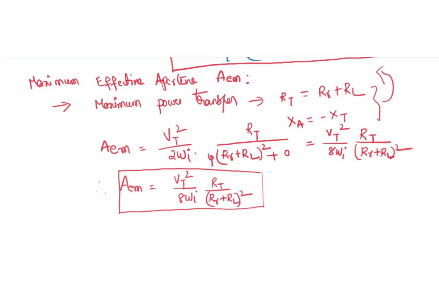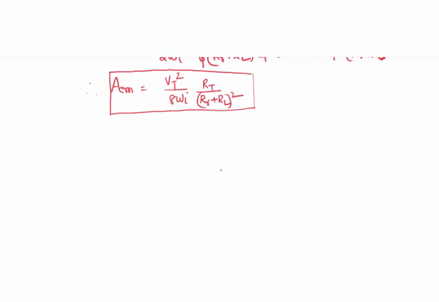Okay, totally we have seen three areas: physical area, effective area, maximum effective area. That means physical aperture, effective aperture, maximum effective aperture. Now let me introduce another concept called aperture efficiency.